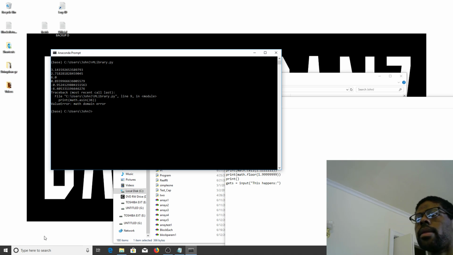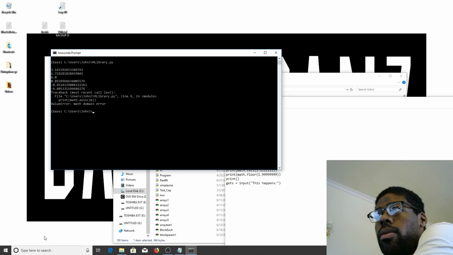mlibrary.py. Okay. Math domain error. I believe the issue is that it's trying to find the square root of a negative number.